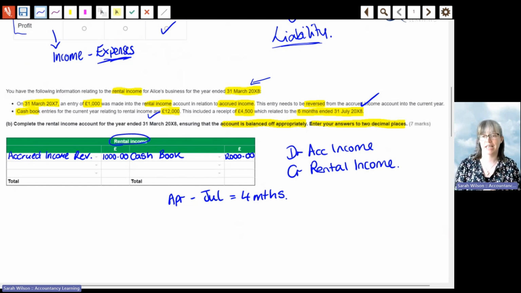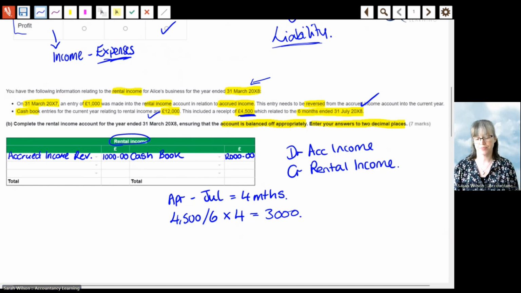But first of all, we need to calculate how much of that £4,500 we're going to prepay. So this 4,500 is for 6 months. So first of all, we're going to work out how much it is per month and then multiply it by the number of months we're prepaying, and that comes out at £3,000.